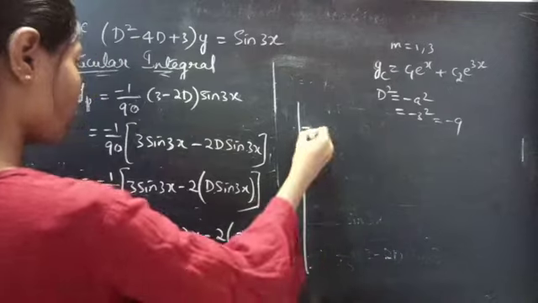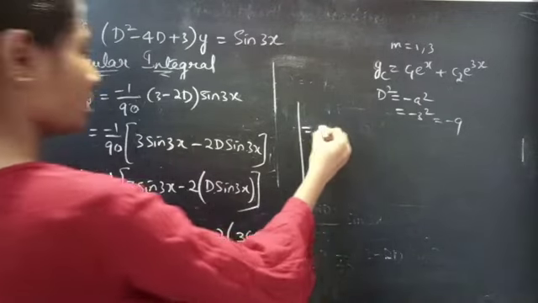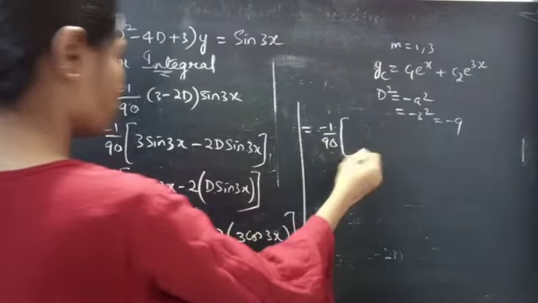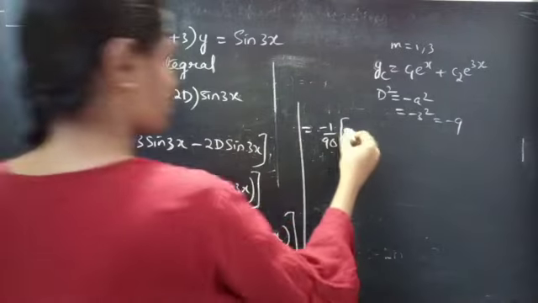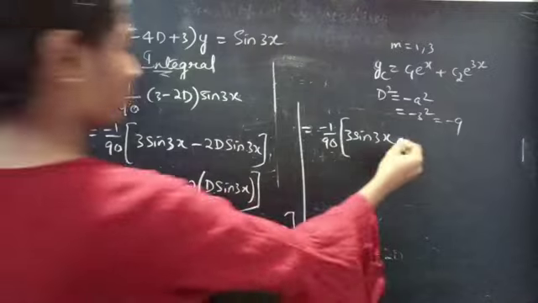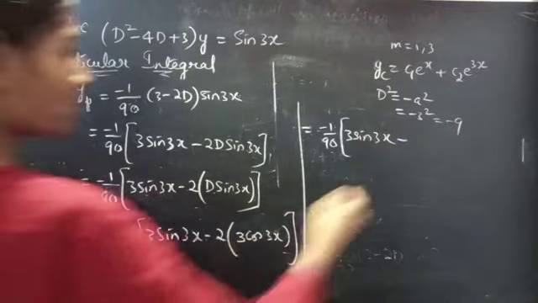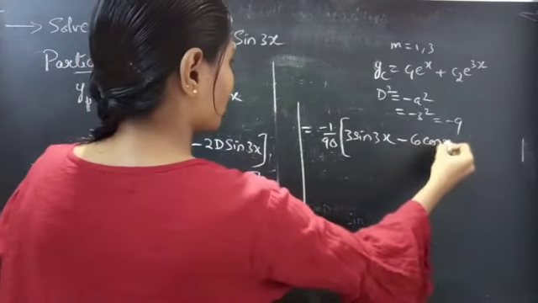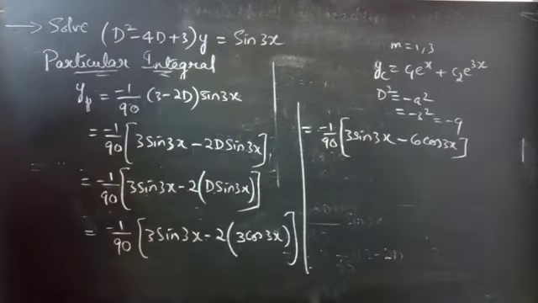Which is equal to minus 1 by 90 into 3 sine 3x minus 2 3s are 6 cos 3x.